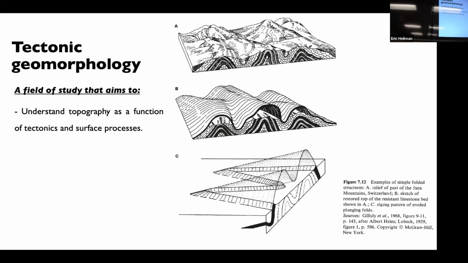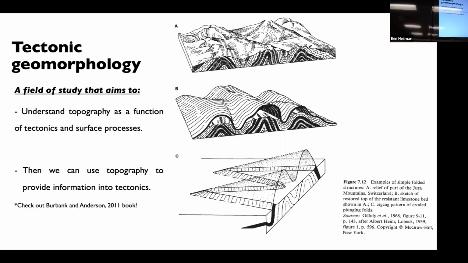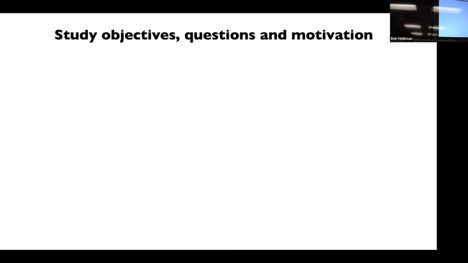Where you have the A's, or the anticlines, you have ridges, and where you have the dips, the U's, you have valleys. Once we have an understanding of how topography responds to tectonics and surface processes, then we can go forward and use the topography to try to back out some information on the tectonics. That's our goal here, and then combining it with other tools to further the work.